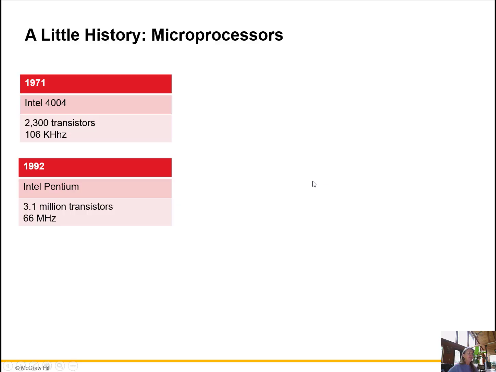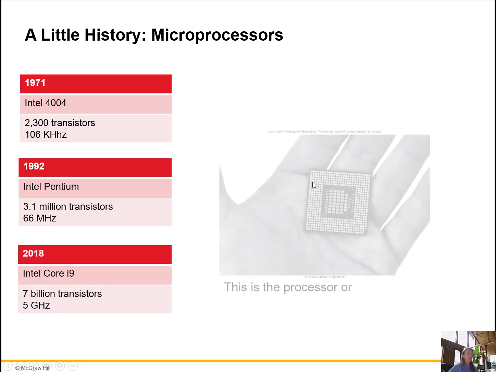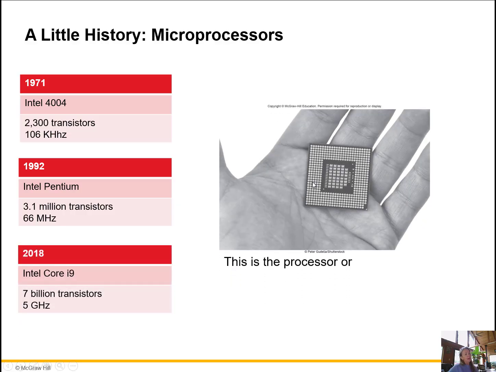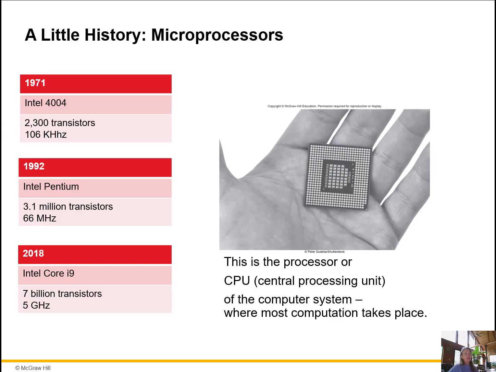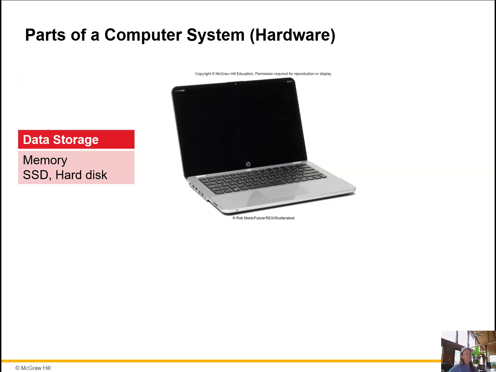So we have a little history of microprocessors. A microprocessor is a little less than an inch squared. And something that is just crazy is it contains many millions of transistors. So this is the thinking part of our computer.